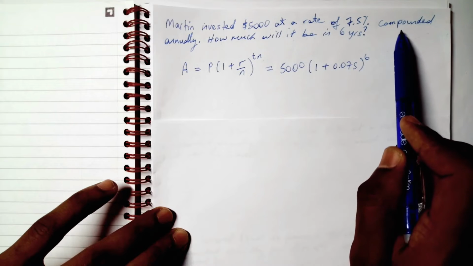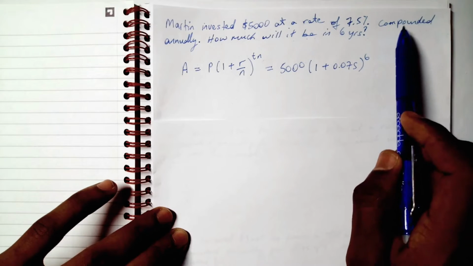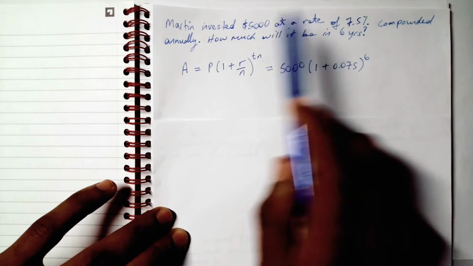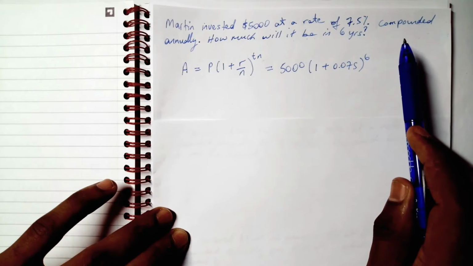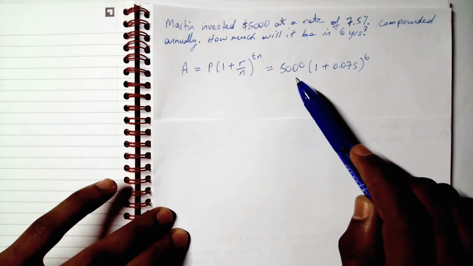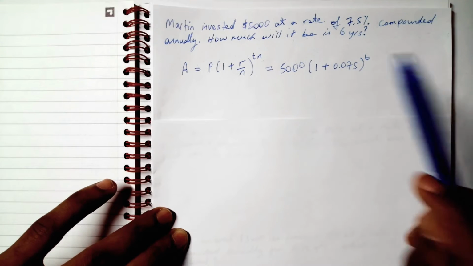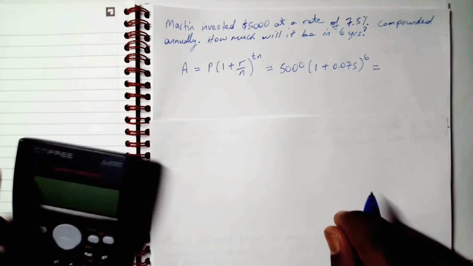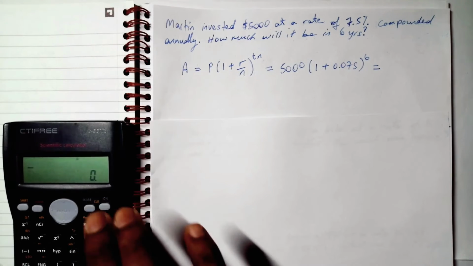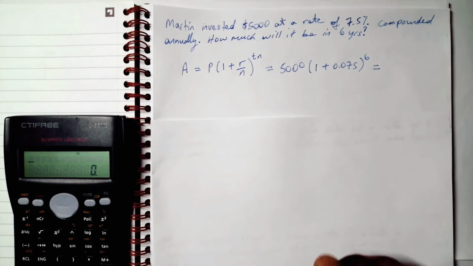When the compounding changes, such as compounded monthly, semi-annually, or quarterly, our n will change. But we'll get there. Now to plug this into our calculator, our best friend. We never do consumer arithmetic without our best friend.